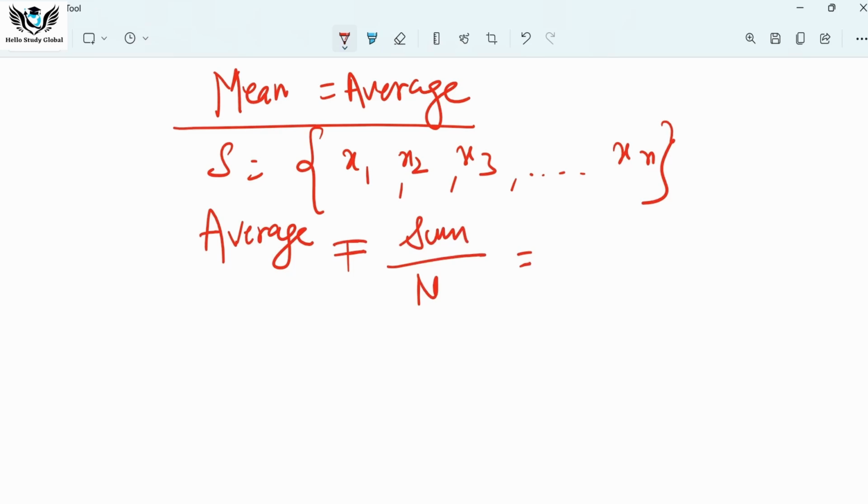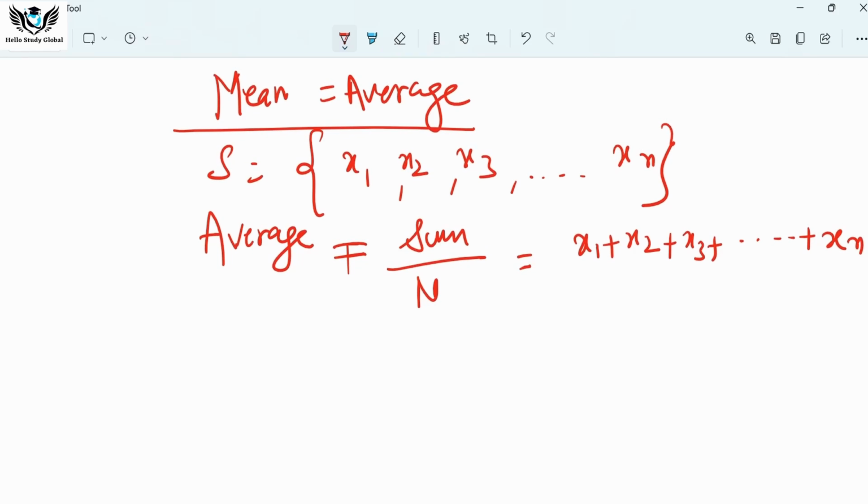Therefore this would be equal to x1 plus x2 plus x3 up till n terms, divided by the total number of terms n. So that would give you the average or the mean of the quantities.